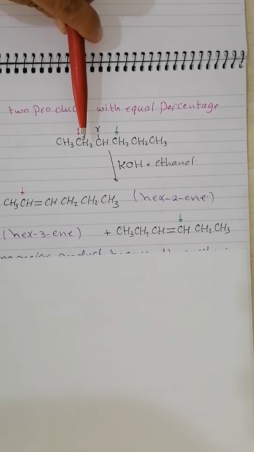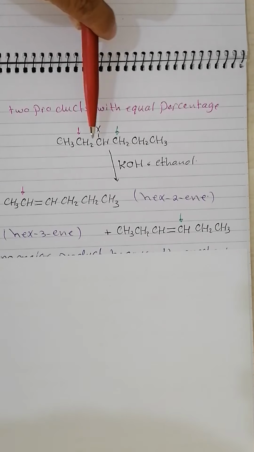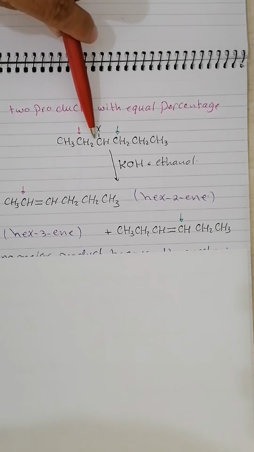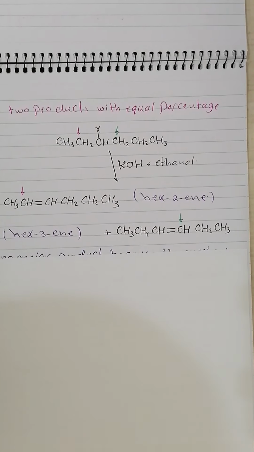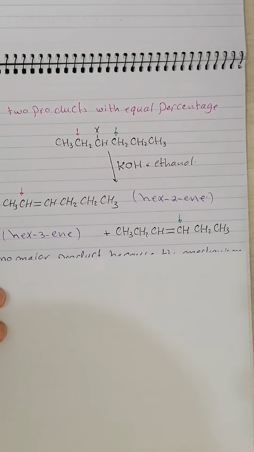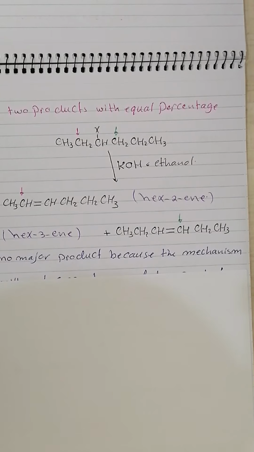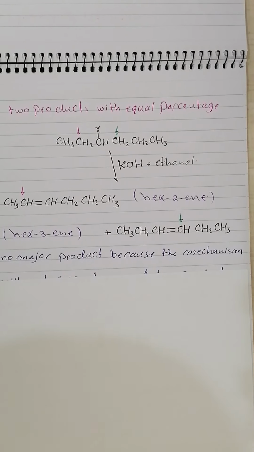So if the two sides around the halogen are not identical, I will get two products. And this is what you see here. Here we have no major product. Why?